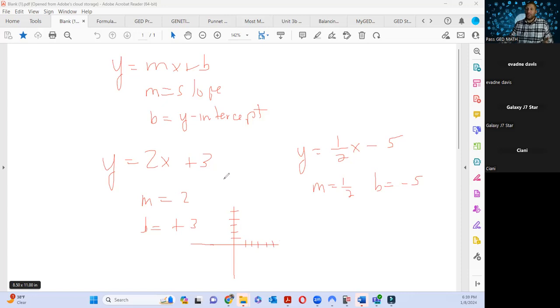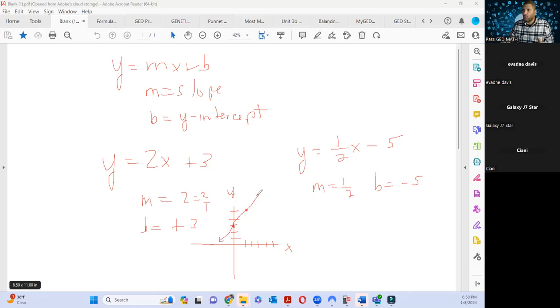My y-intercept is where the line crosses the y-axis. My y-intercept is +3. So that means when x is 0, y is 3. Now remember my slope is 2, which is 2 over 1. That means my rise is 2. I'm going to go up 2, 2 over 1.